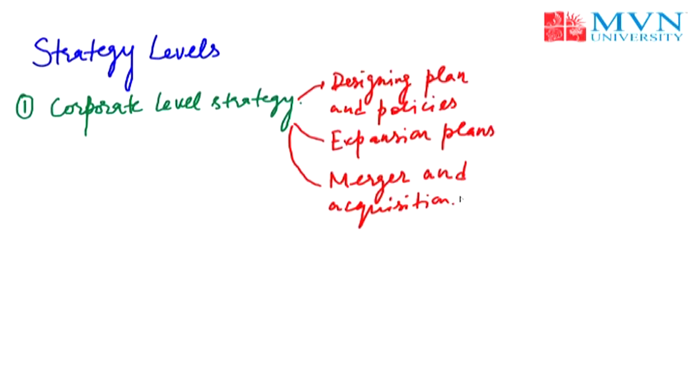In the previous lecture I gave the example of British Salt Company, which was acquired by Tata Chemicals. Or Rajasthan Bank Limited, which merged with ICICI Bank Limited. So these are corporate level strategy, along with international tie-ups.